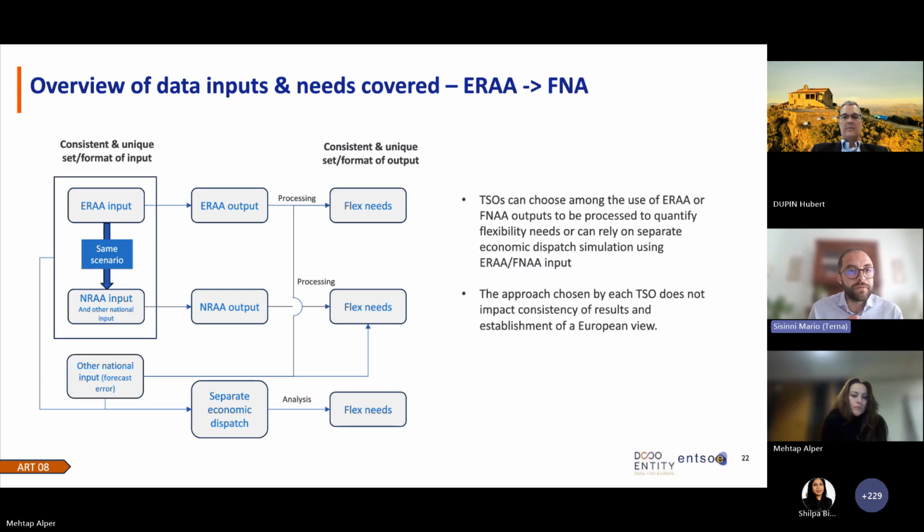It's not the case, because basically the choice that is given to the TSOs to carry out the study is not on the type of data or on the source of input, but on the type of study which is used as a reference. In some cases, the TSOs could use the ERA, which is the Pan-European Adequacy Assessment, as a starting point, or the national assessment whenever they deem more relevant, which is based on the same scenario.